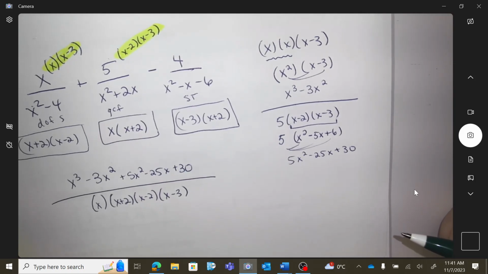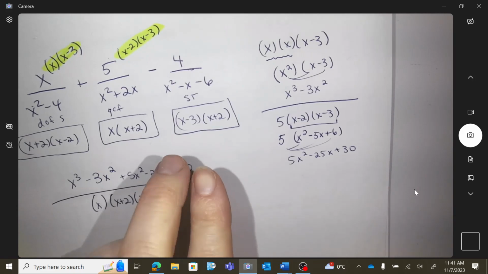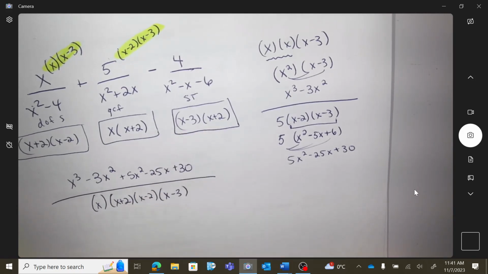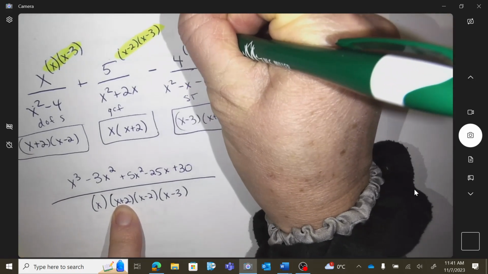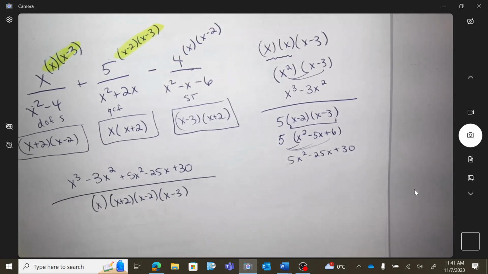Okay, so now we're going to go out to the third fraction. Look at the bottom. Look at the new bottom. So this was there and this was there. So what did it change by? An x and an x minus 2.